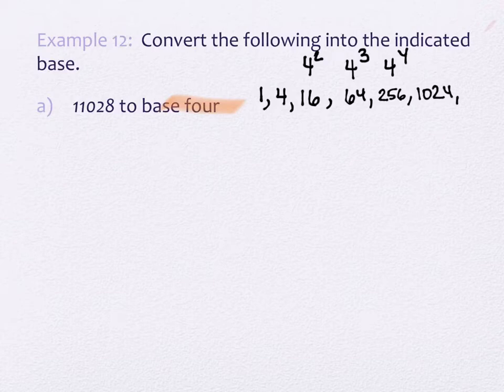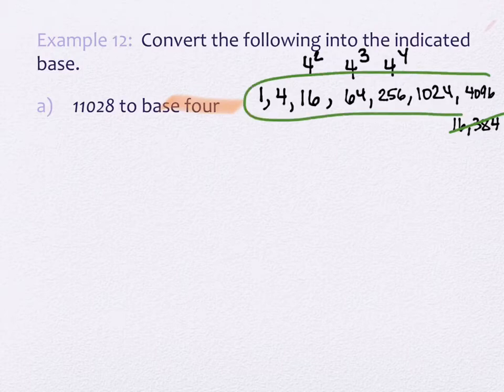And then 4 to the 6th? 4,096. We're getting closer. And if you do it one more time, what do you find? That's too big, right? It's bigger than my 11,000, so I don't need that last one. But I do need all the ones I already listed before. These are all the numbers that are going to go into my division scaffolding with the biggest one first.